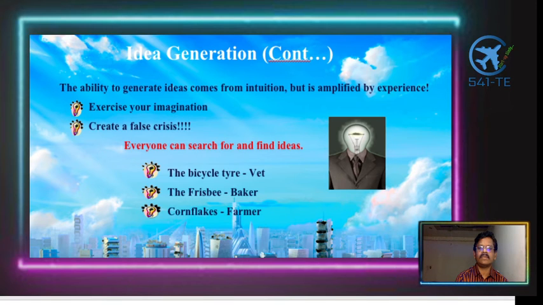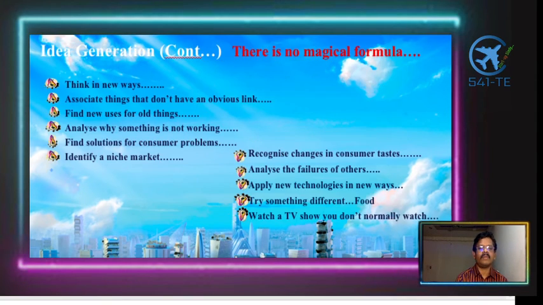Ideas belong to everybody, so anyone can create an idea. The bicycle tire, the fire bee, corn flour, anything that comes to your mind. You can think about that particular object differently, and then you can come out with ideas.